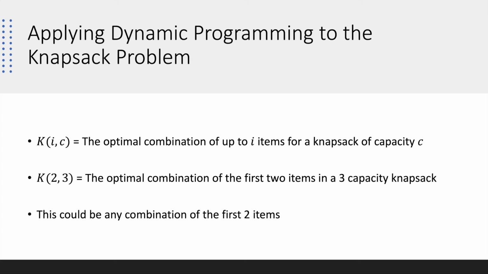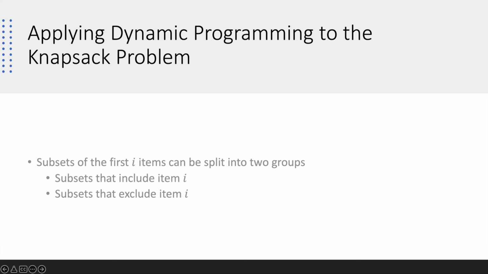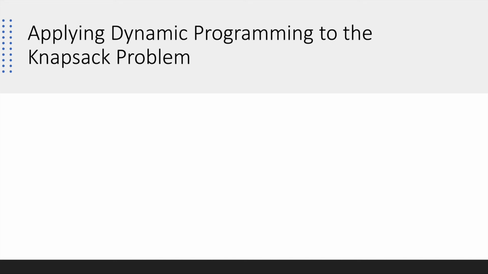Thinking about the knapsack problem in this way allows us to split the problem into smaller subproblems that overlap. We do this by thinking of the subsets of the first i items as being made up of 2 groups, the subsets that include item i and the subsets that exclude item i. The simplest one is the subsets that exclude item i.